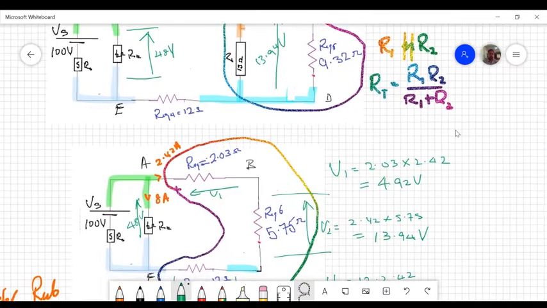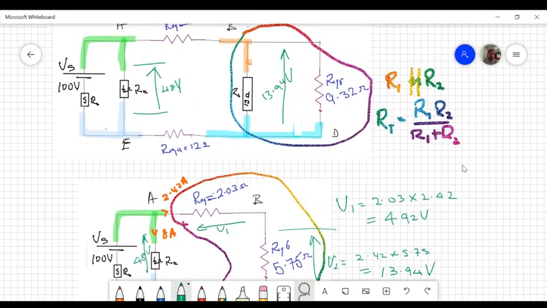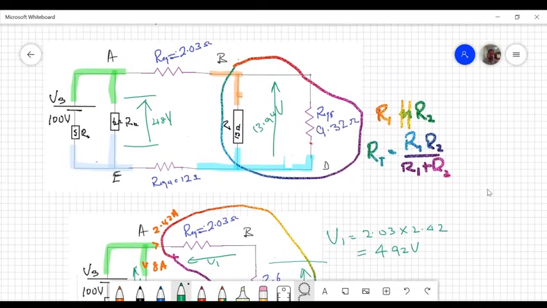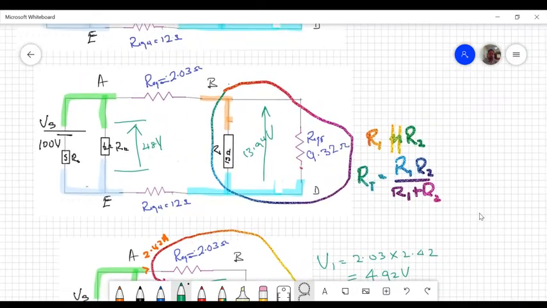Remember, it is the two resistors in the circle there that was combined to give me that 5.75. So it means the voltage across the parallel branches is common, so 13.94. Now I can use this information immediately to go and find the current coming down here. This current and that current.